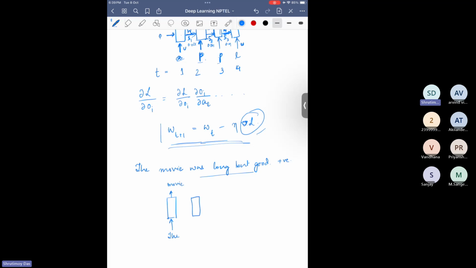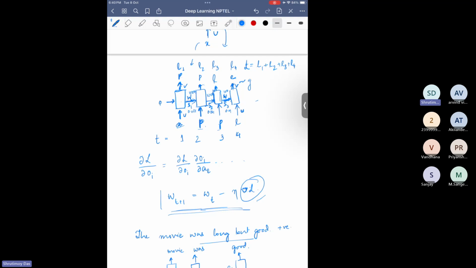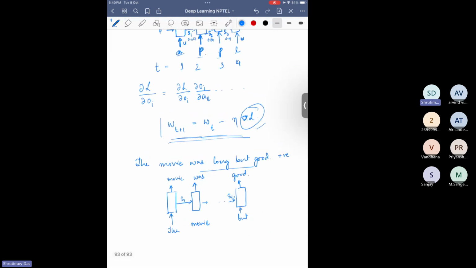It will pass movie. It will learn that it has to output was, and it will also share some state space and so on. Once you pass but, it will learn that you have some state st minus 1. So this was a character level RNN, and this is a word level RNN, I'm saying.